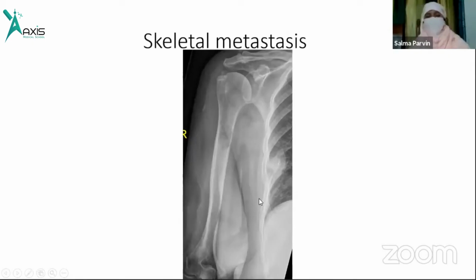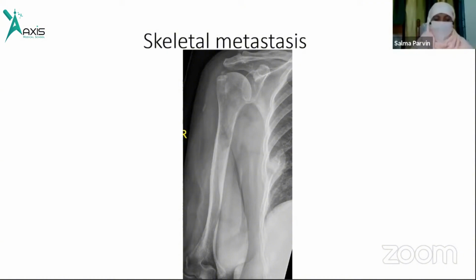And finally, we are going to go through skeletal metastasis. Whenever we are having a mass in the lung, we have to judge another part of our total assessment, the skeletal structures in the thorax and surroundings.